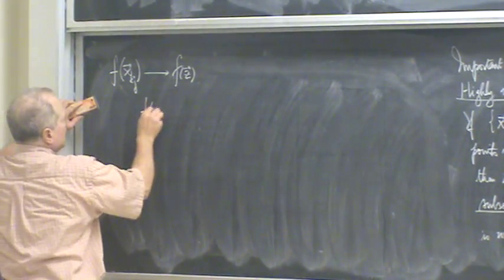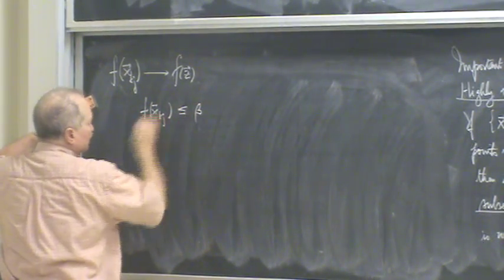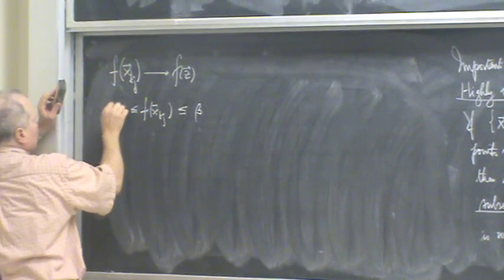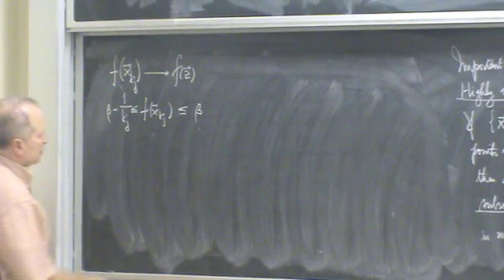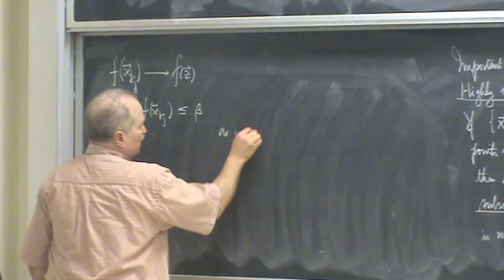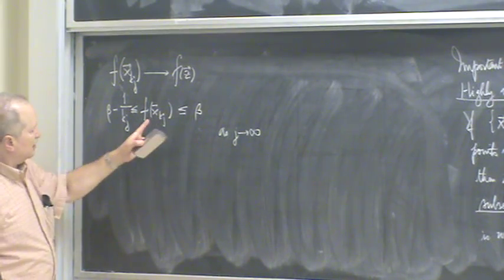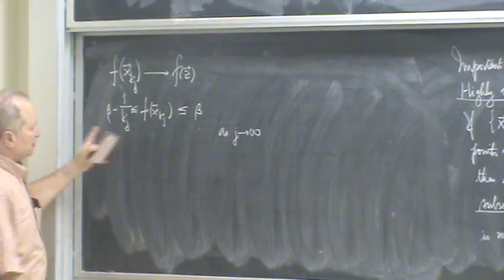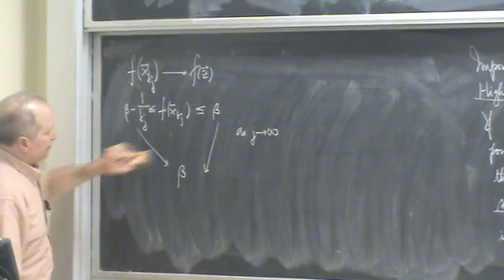I know that f of x k_j is between beta and beta minus 1 over k sub j. So what happens as j goes to infinity? Well, this sits there. These approach beta.